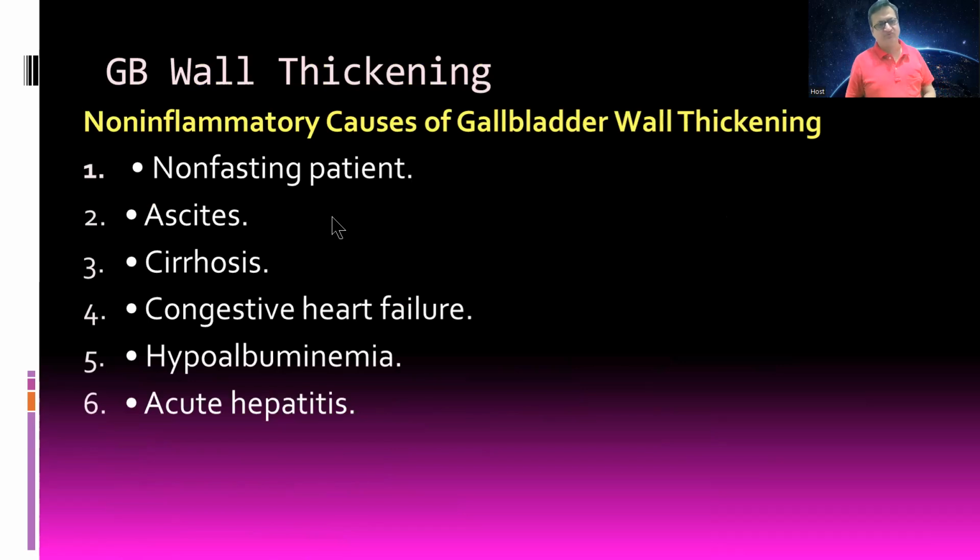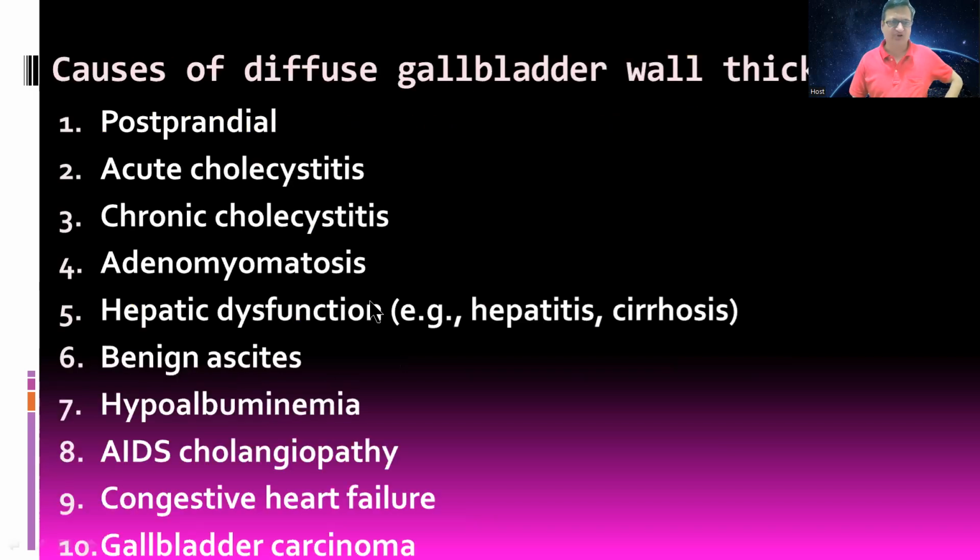Sometimes the gallbladder wall is thickened in a few cases. So non-inflammatory causes of gallbladder wall thickening are non-fasting condition, then ascites, cirrhosis, congestive heart failure, hypoalbuminemia, and acute hepatitis. These are the non-inflammatory causes of gallbladder wall thickening.